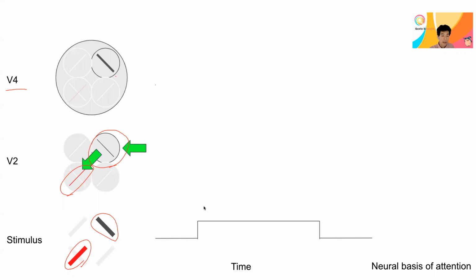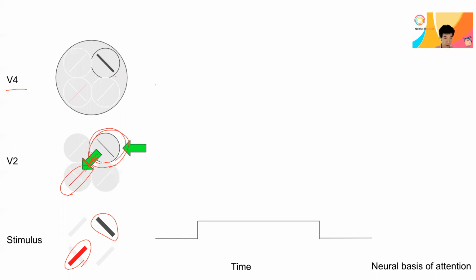Now, if there is something called attention that can select this top right V2 neuron, then that V2 neuron can inhibit the influence of this unwanted stimulus at the bottom left at the level of V2. So there is some kind of interactive inhibition going on from the top right neuron to the bottom left neurons here. That inhibits this neuron.